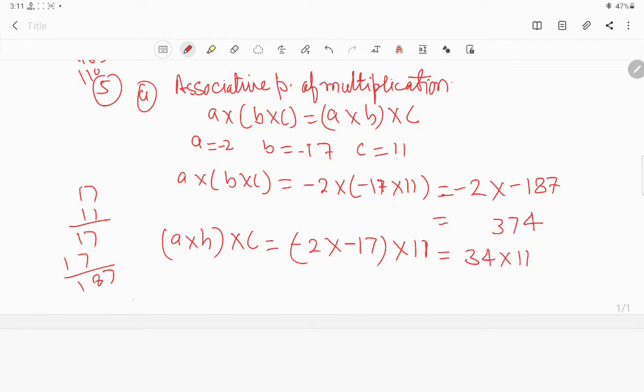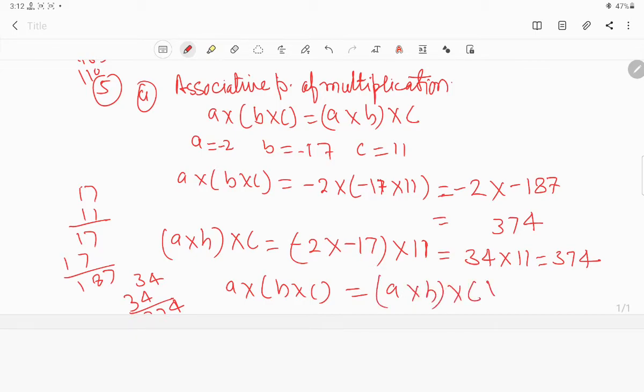That is also coming, 34 and 34, then 4 7 4 3, that is also 374. This verifies the associative law of multiplication. Hence A into (B into C) is equal to (A into B) into C, verified. It means the associative law is verified.